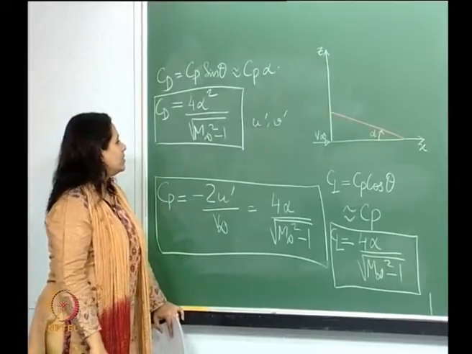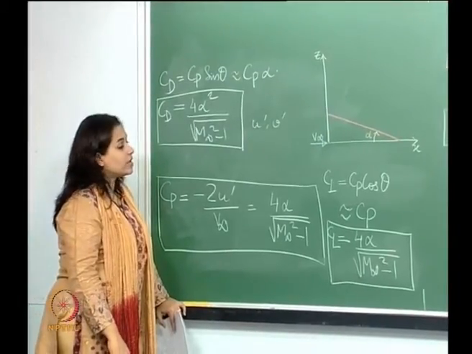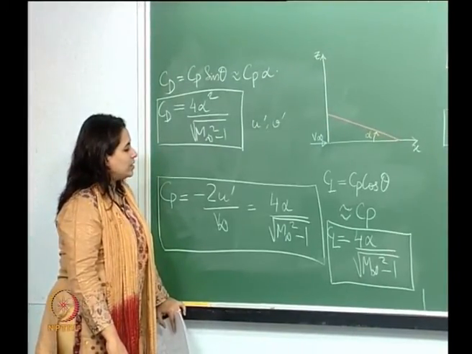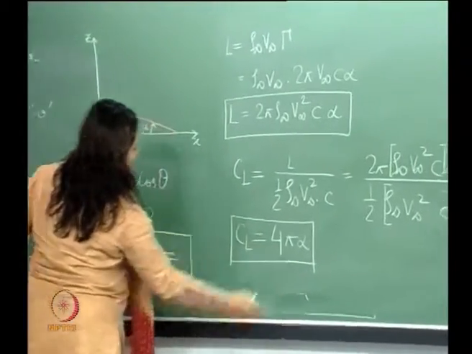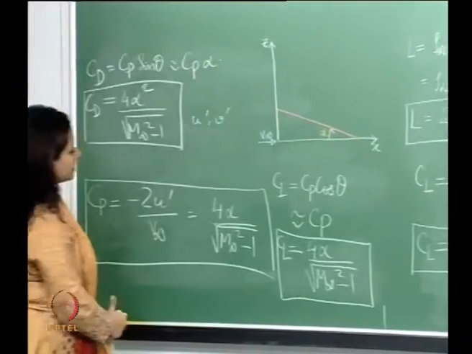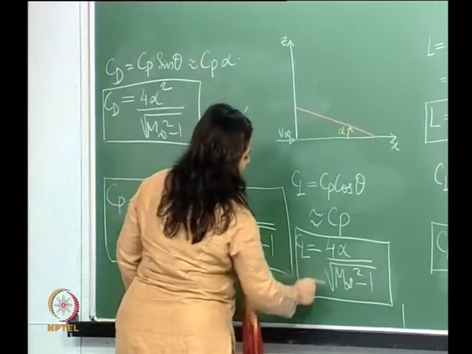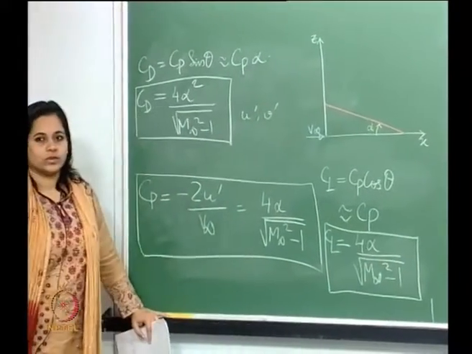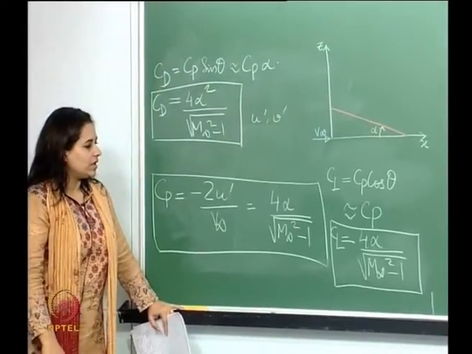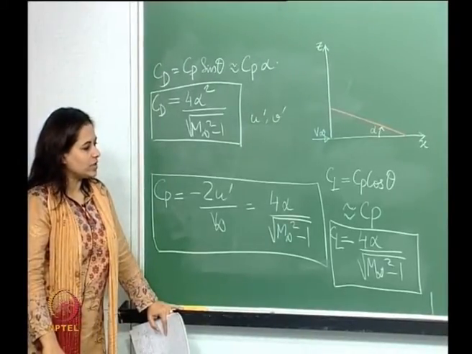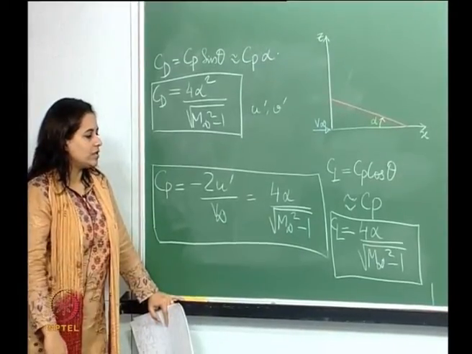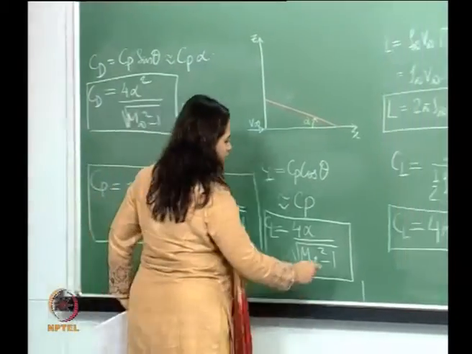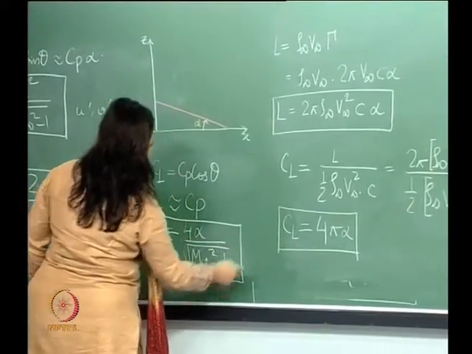Okay, for this particular case, you can see the difference. When I use the thin airfoil theory, it is basically this, whereas this I can use for the supersonic flow. So, you can see the correction here. Essentially, the correction would be pi by square root of M infinity square minus 1, if you look at the relationship here.